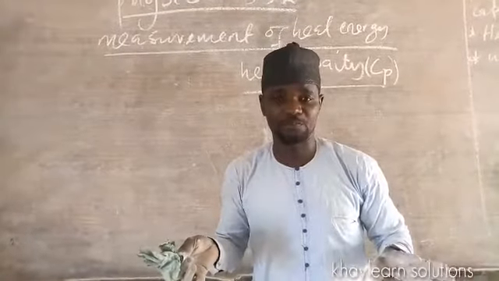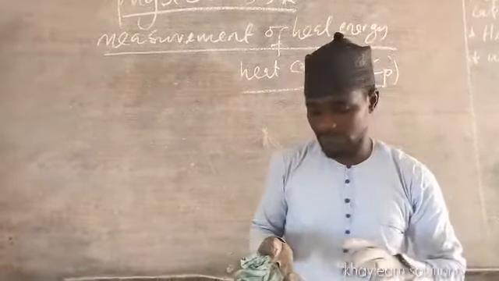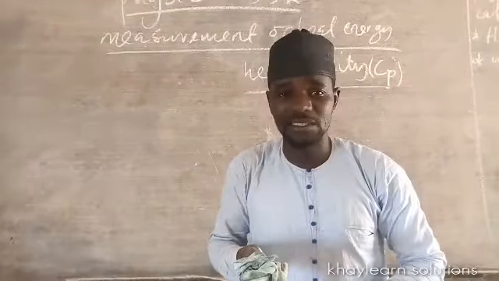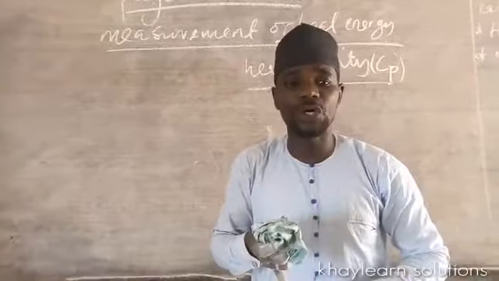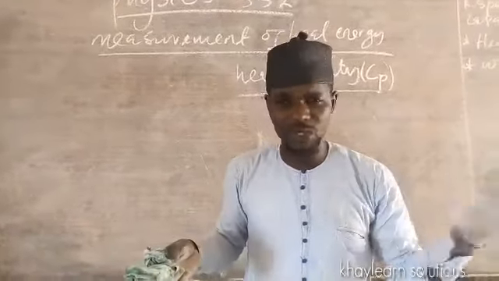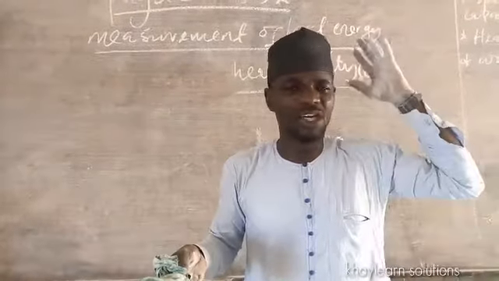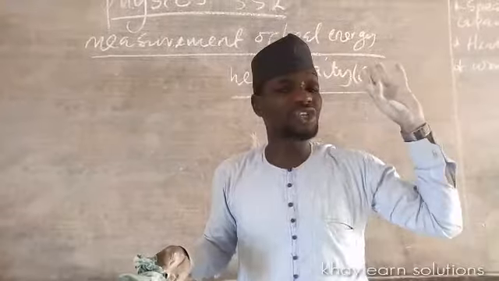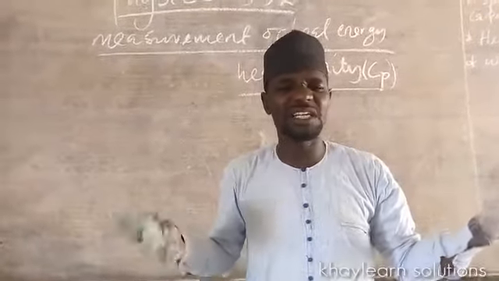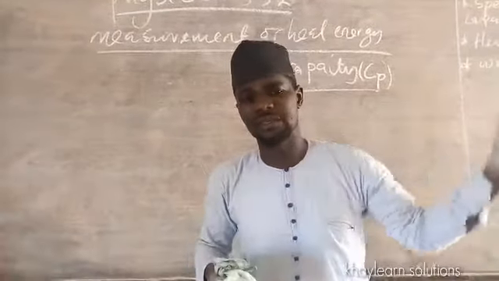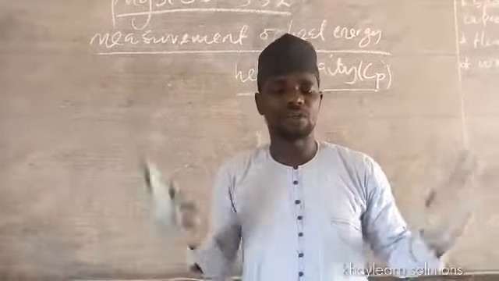What I said for heat capacity is the amount of heat required to raise the temperature of a substance, whether 1 kilogram, 2 kilogram, 100 kilogram, a billion kilogram, it doesn't matter. The temperature can be raised by 1 Kelvin, 2 Kelvin, 1000 Kelvin, whatever. What we need is the temperature to be raised by any amount of heat.